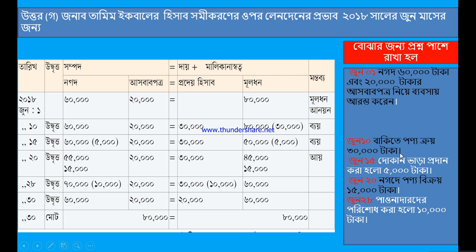Even after that, the item of 5,000 provided expenses, provided rent. So it is an expense. So it will be deducted from owner's equity, side by side it will be deducted from cash. How much amount? 5,000 taka. Okay.